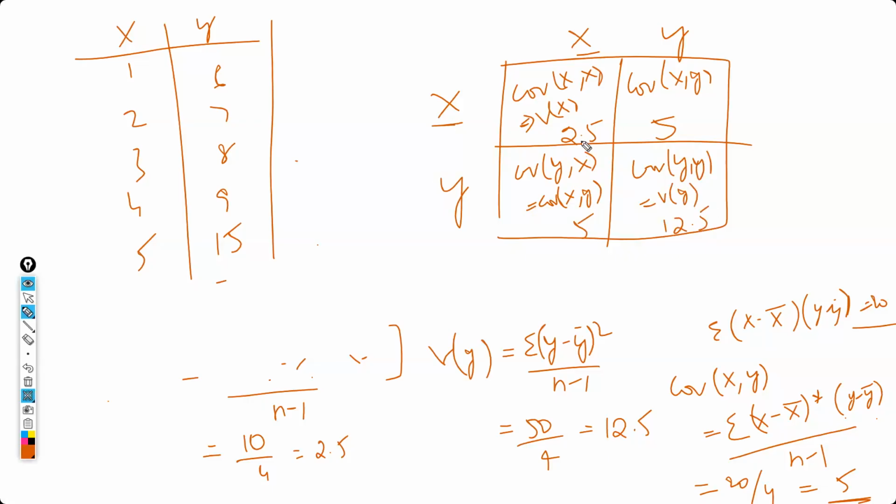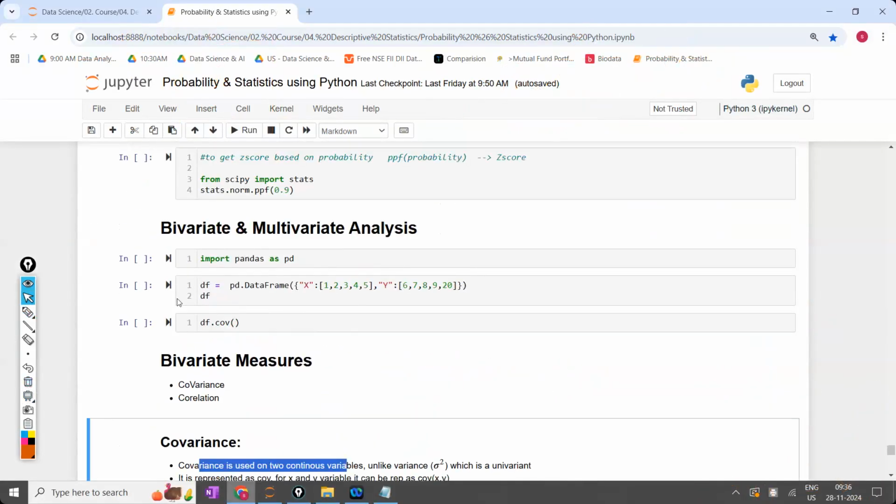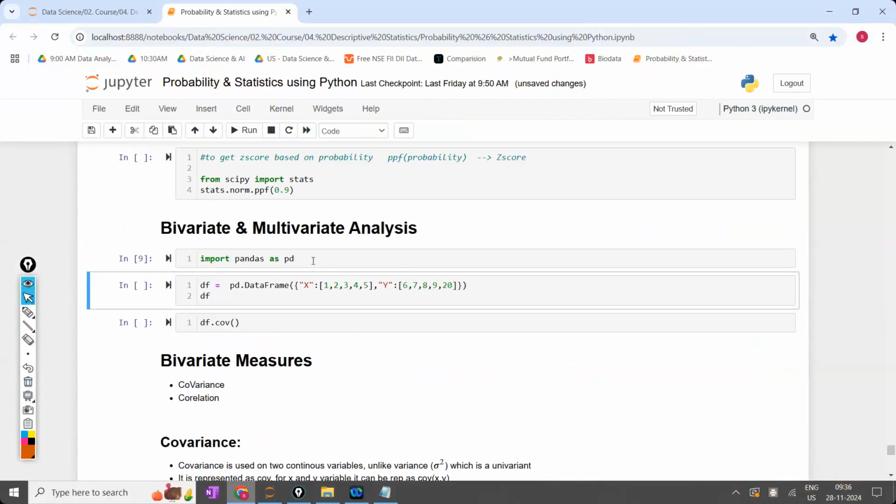So for this example, the diagonal values are going to be the variance values, and the upper triangle and lower triangle of the matrix will be the same. If I take the same example here, whatever example I have taken just now, I'm creating the same data frame: 6, 7, 8, 9 and 15.